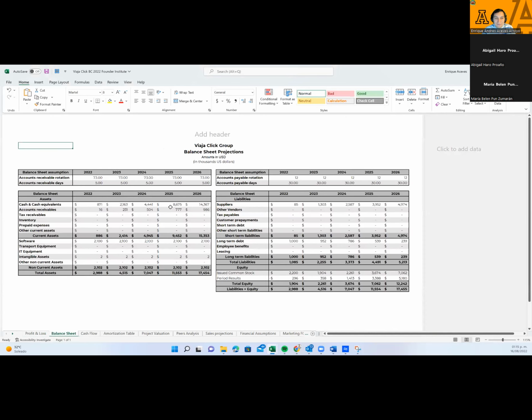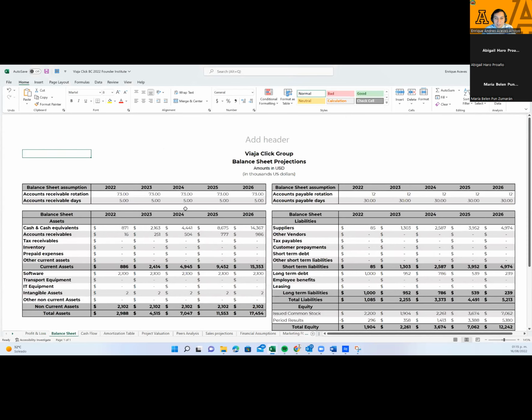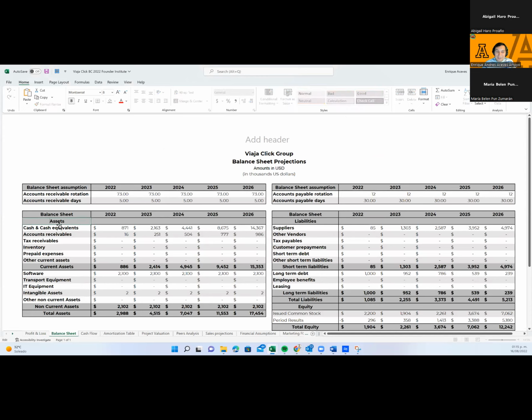The next thing is a balance sheet. What is the balance sheet, ladies? It's a sheet that evaluates assets. Not only assets. Yes, you can evaluate assets. Money. Take a look in here. You have assets, liabilities, and equity, okay?